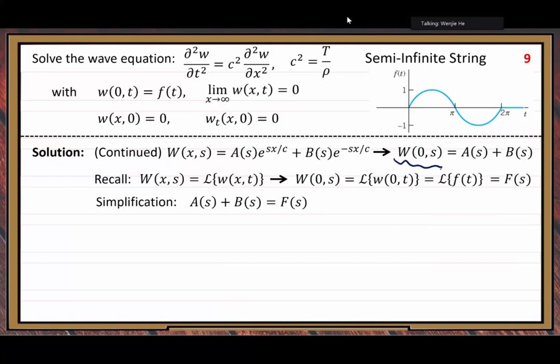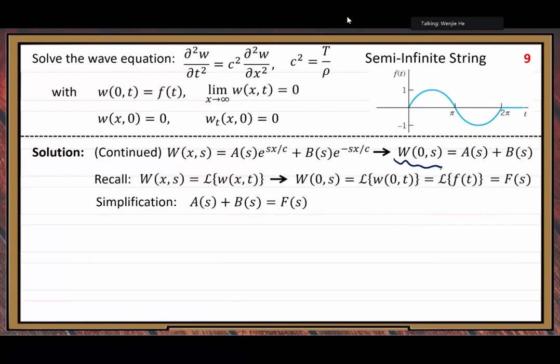So you cannot find each unknown function. You need another equation about the capital A and capital B functions.